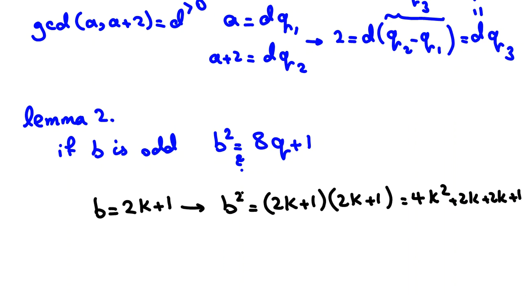If you know these basic things, you can use the timestamps in my description to go straight to the problem. It will be 4k squared plus 4k plus 1.